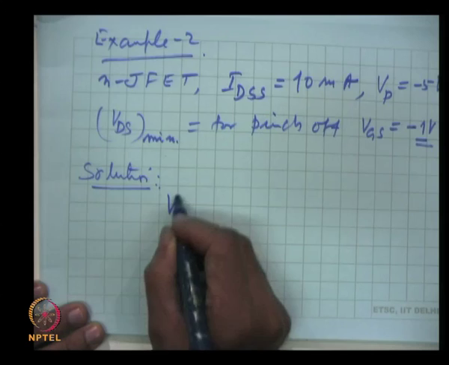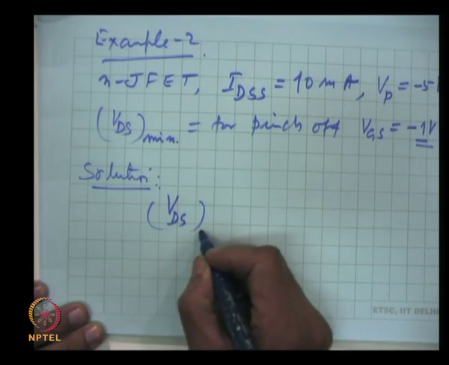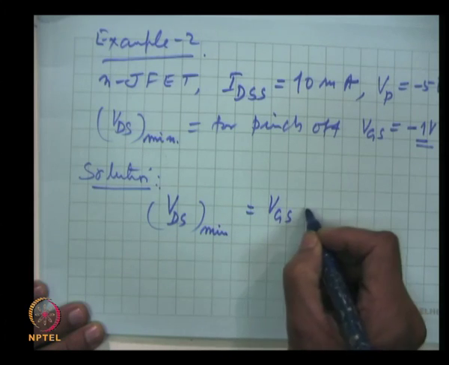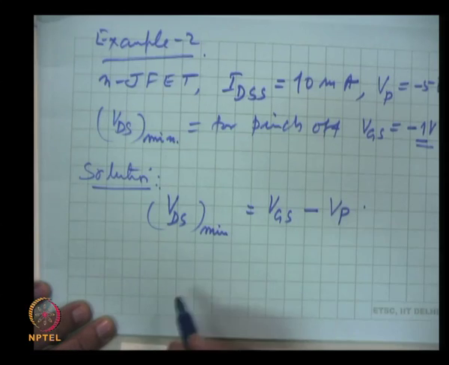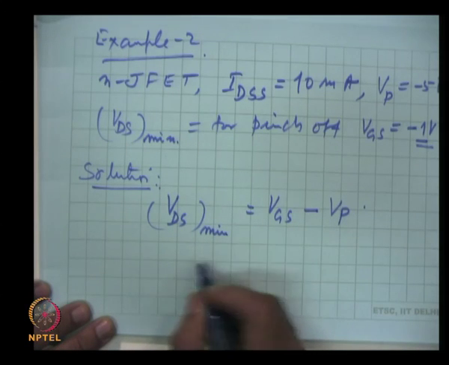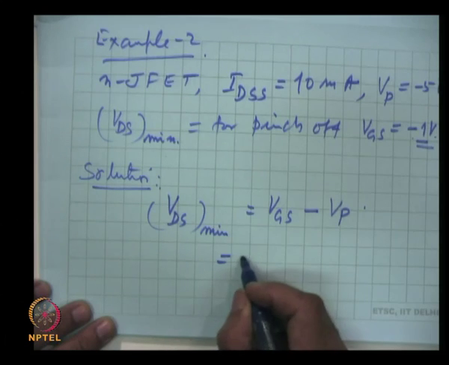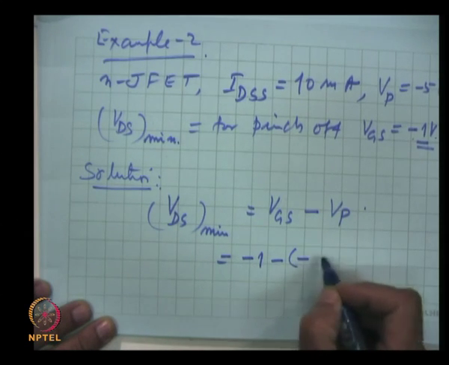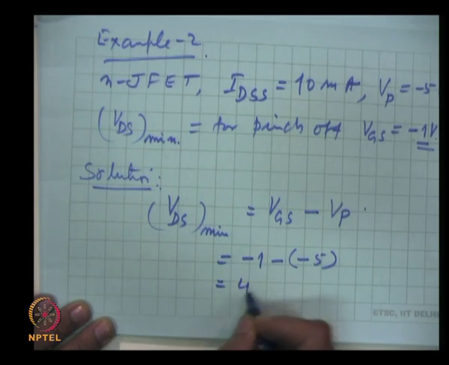Now the solution. You remember we have written VDS minimum is equal to VGS minus VP, and so this can be easily found out. VGS is given as minus 1 volt and VP is given as minus 5 volts. So, this is 4 volts.